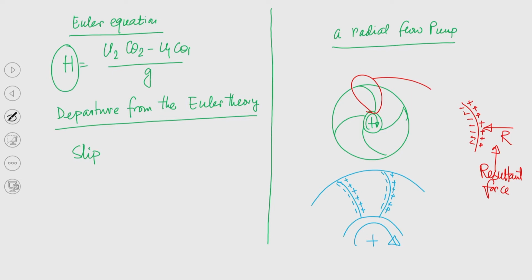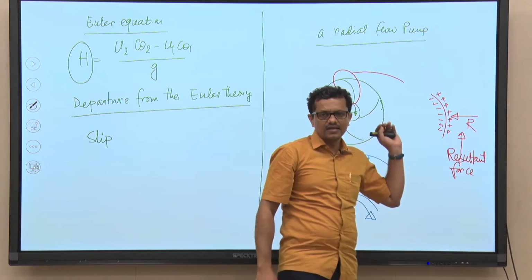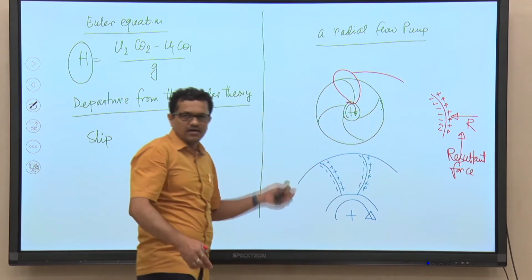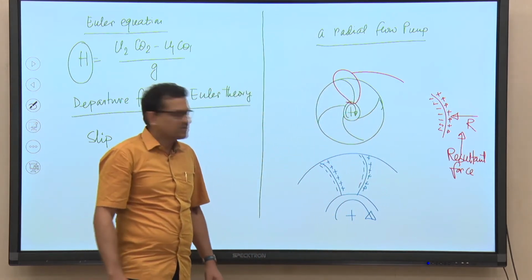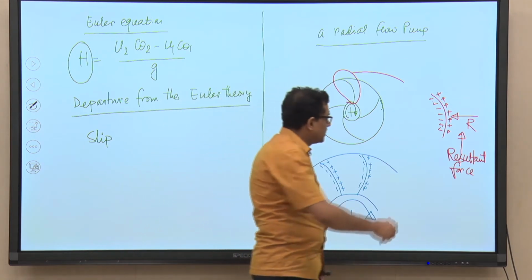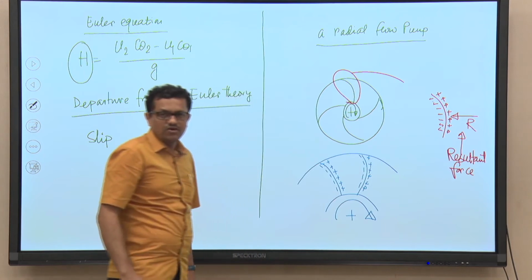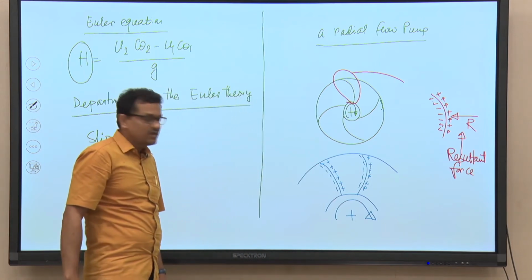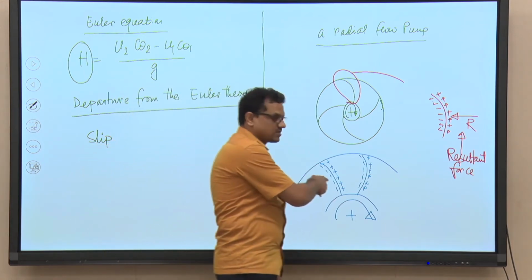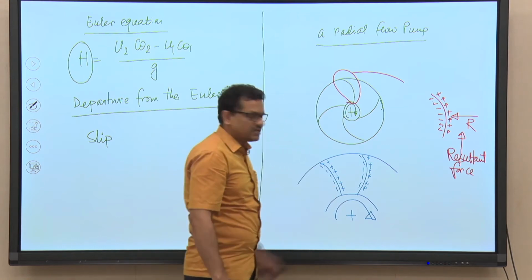This is only because of this resultant force. We will be discussing it again in our subsequent classes. So, basically due to this resultant force, pressure on the convex side is high and the pressure on the concave side is less.